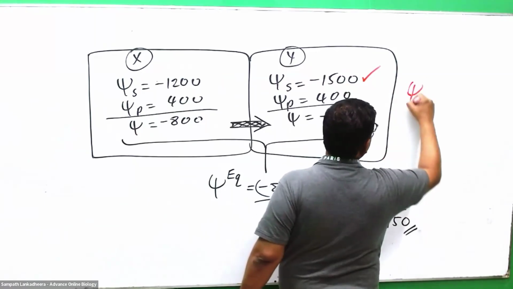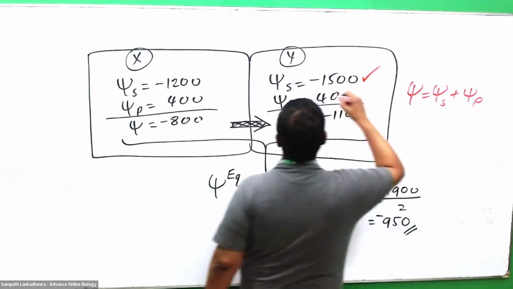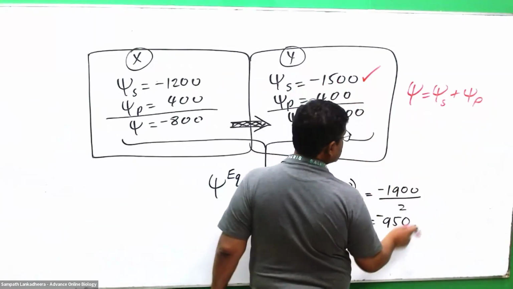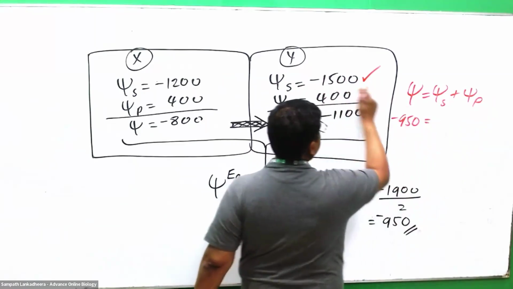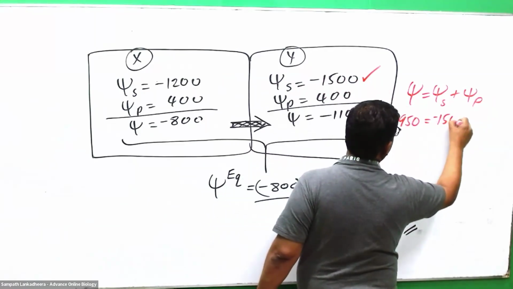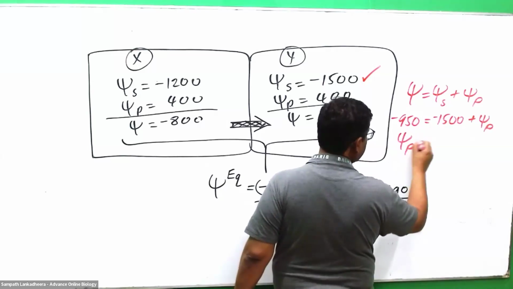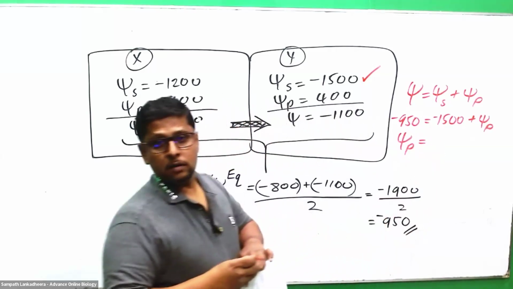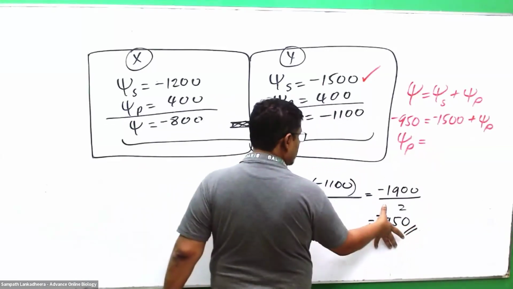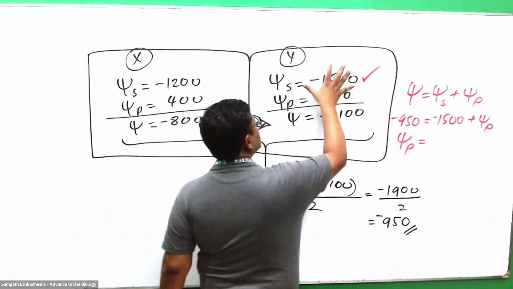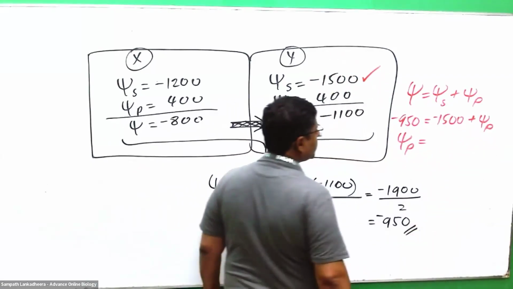So psi is equal to psi S plus psi P. Equilibrium water potential is minus 950, solute potential minus 1500, and psi P is the new pressure potential value that we can calculate.